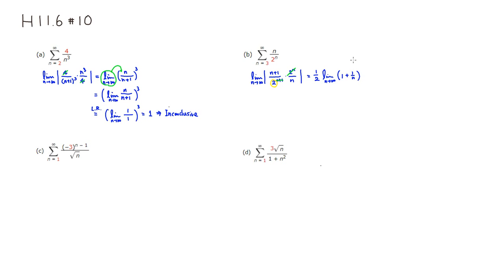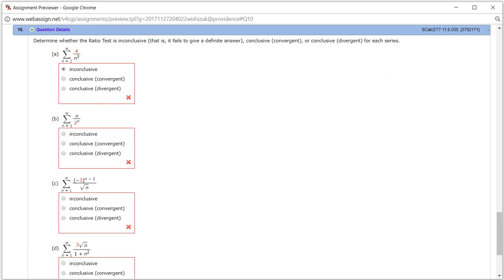As n approaches infinity, this term approaches 0. And this is going to be equal to 1/2, which is strictly less than 1. Therefore, this tells you that it's a convergent series. So part B is conclusive and it's convergent.